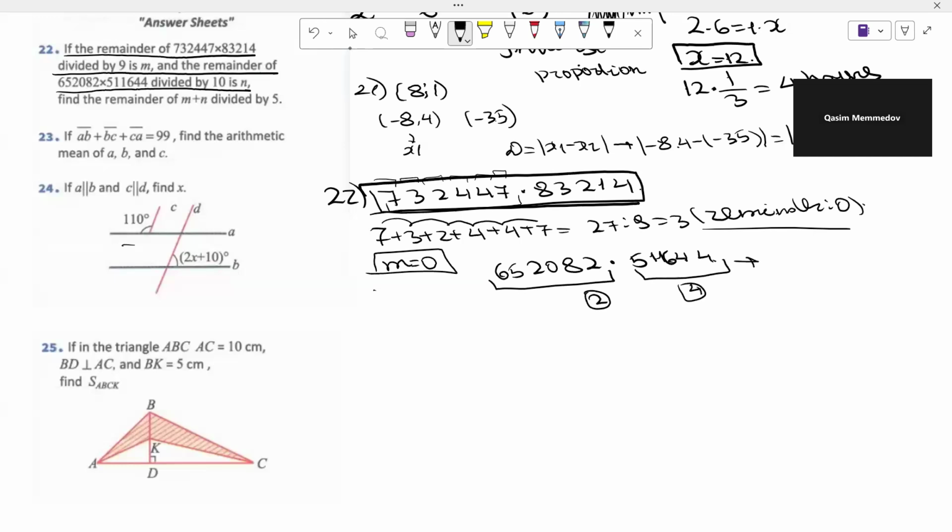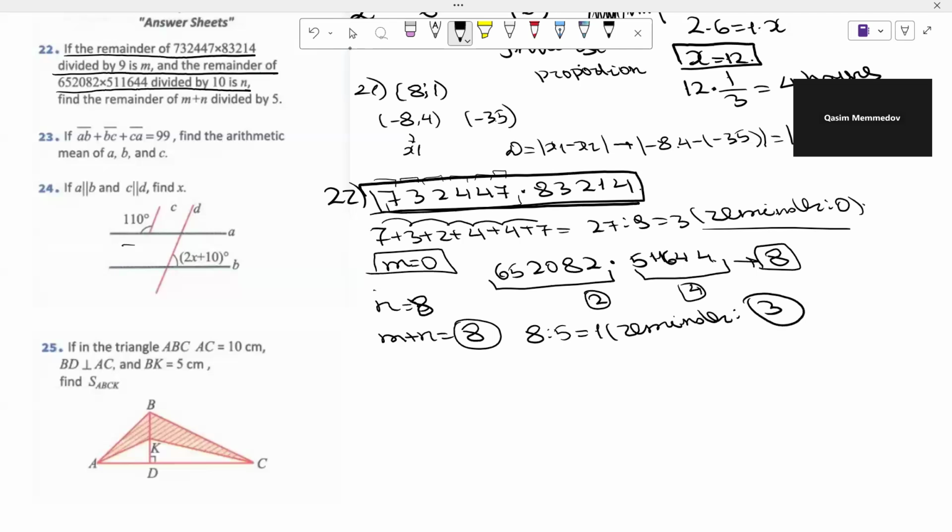When we multiply 2 and 4, the answer is 8. That's why n equals 8. Sorry, m plus n equals 0 plus 8. And when we divide it by 5, 8 divided by 5 equals 1, and the remainder equals 3. The final answer is 3.